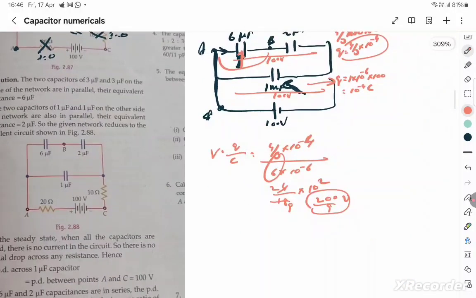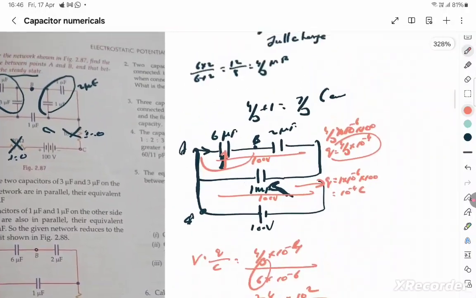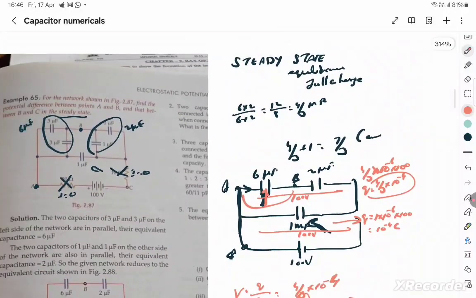No, my answer seems to be wrong. I'm getting 100 by 3. Let me see what the mistake is. So I have a 6 microfarad, 2 microfarad and 1 microfarad. I'm trying to find the potential difference across the 1 microfarad, which is equal to the potential difference between the top points. So I wrote it as 100.